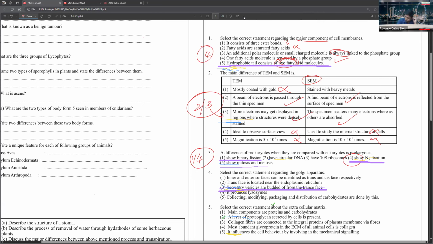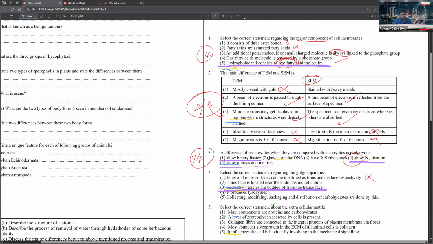Question number 4. We will select the correct statement regarding the Golgi apparatus. Inner and outer surface can be identified as trans and cis respectively. Wrong. Trans face is located near the endoplasmic reticulum?